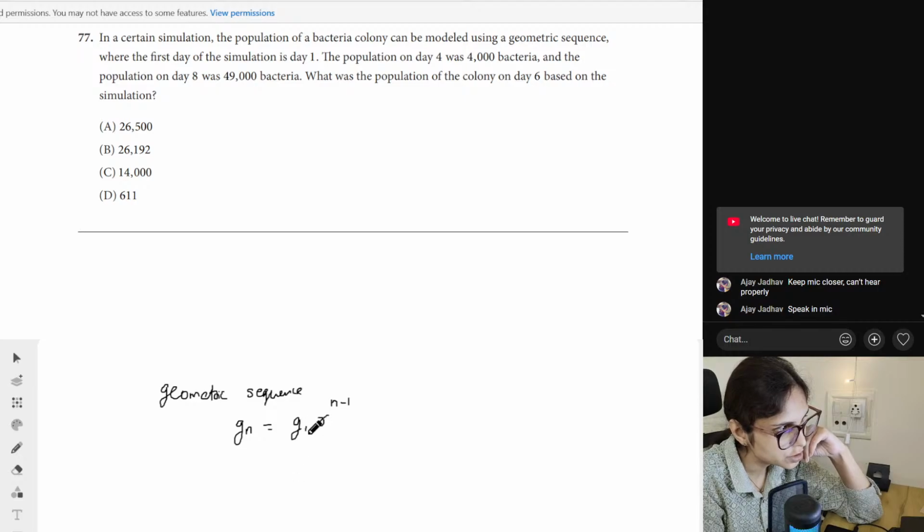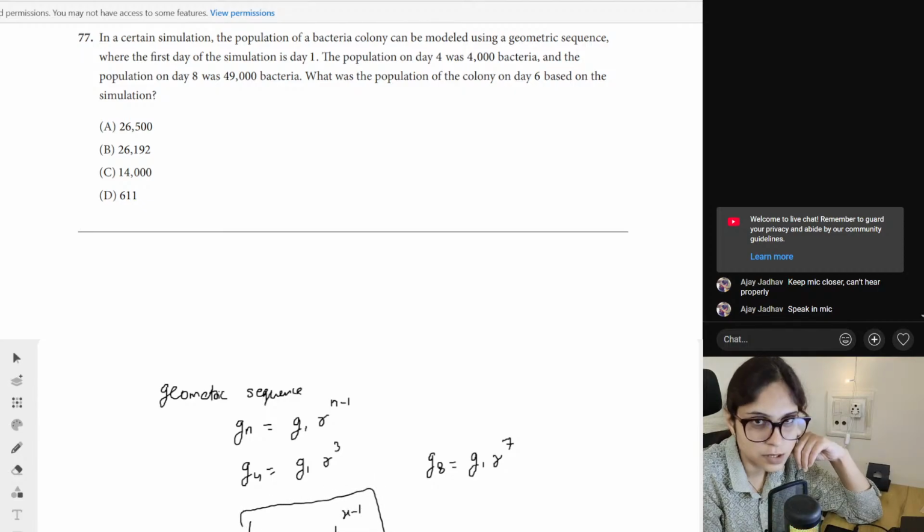So G4 will be G1 R to the power 3, and G8 will be G1 R to the power 7. So I can say y is equal to a times b to the power x minus 1. This is the equation that we would be using.